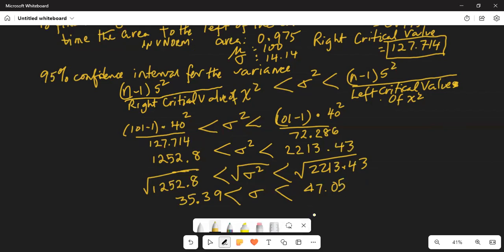Okay, so how does it compare when we use the exact chi-square values?